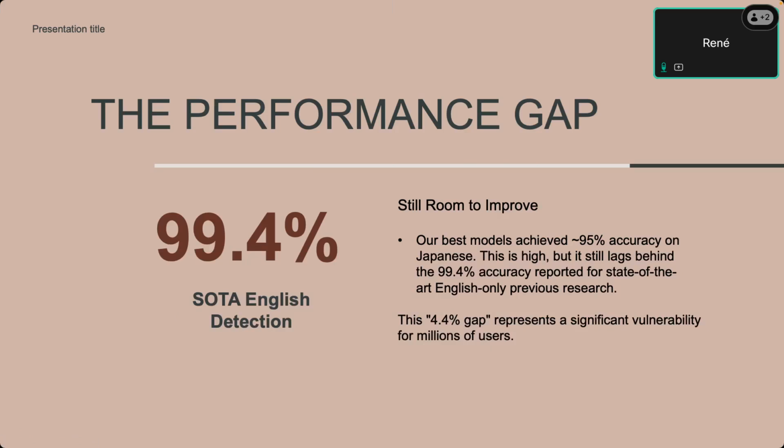As we can see in previous research that we did on English-focused datasets, we have a peak value of 99.4%. We see a 4.4 gap that represents a really significant vulnerability for millions of users.